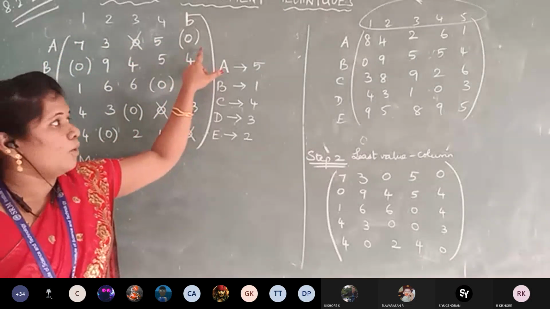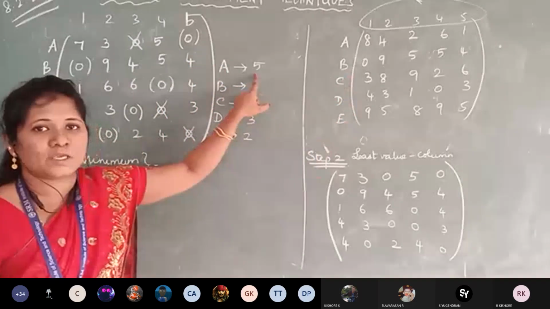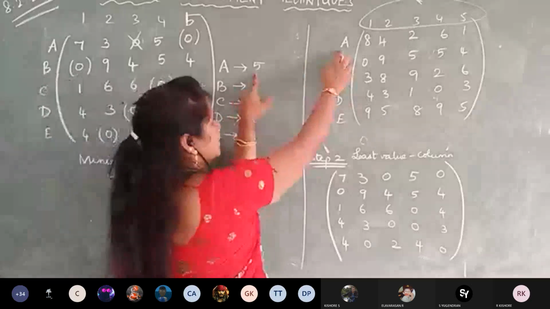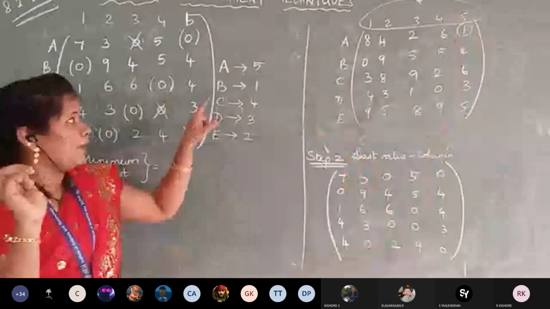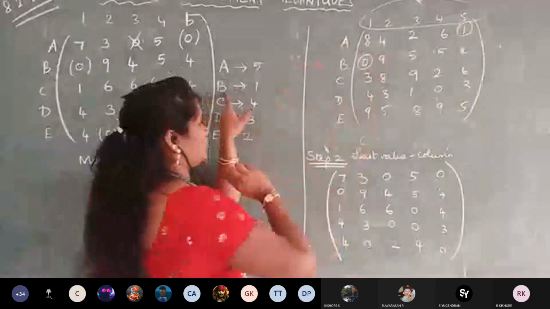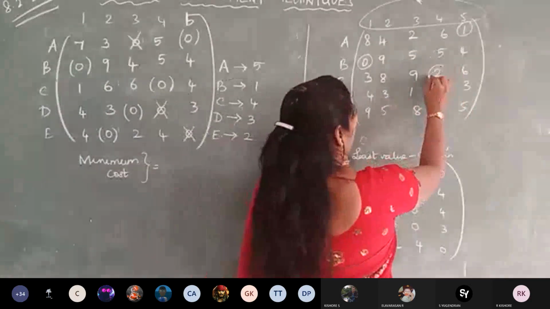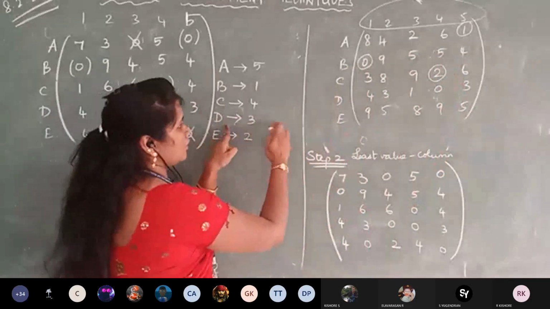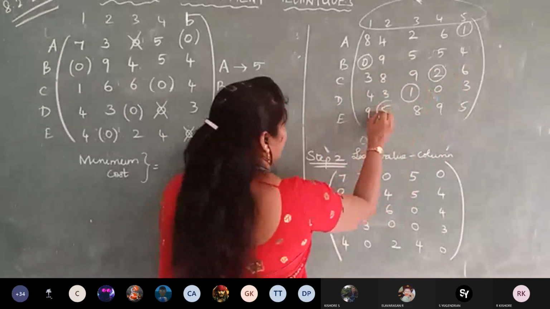So in the main problem which I have given you, you will see A to the 5th job is your value. B to your first job is 0. C to your fourth job is 2. And D to your third job, E to your second job.